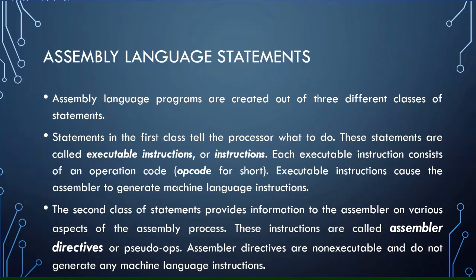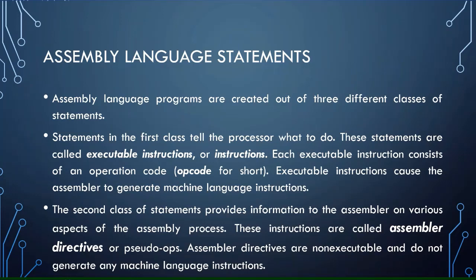That means it is not giving a direct instruction to the processor about what to do. It is giving the instruction to the assembler about what it needs to do. It is kind of indirect code.